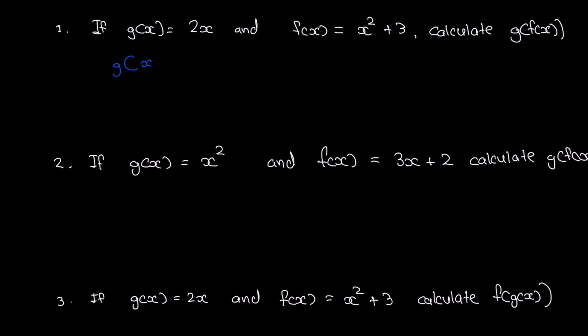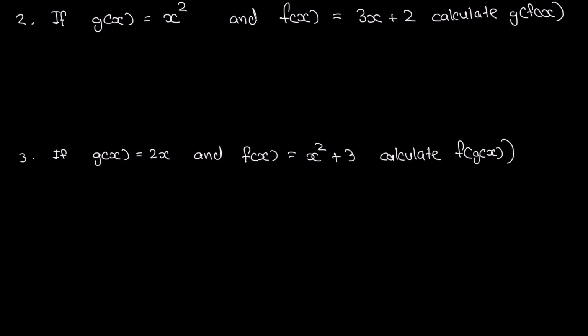So we take g of x squared plus 3, and then we equate it to the original g of x, which is 2x. Now on the next line, we take this stuff inside the bracket and substitute it into the x value. So this equals 2 times x squared plus 3, which equals 2x squared plus 6. And that's your answer.